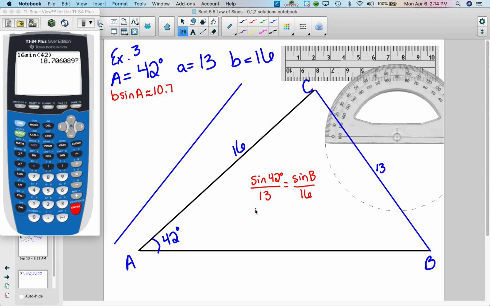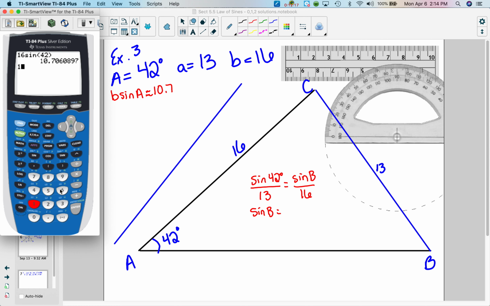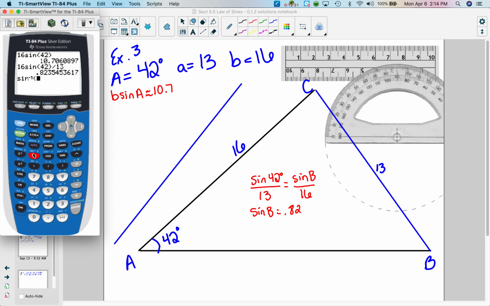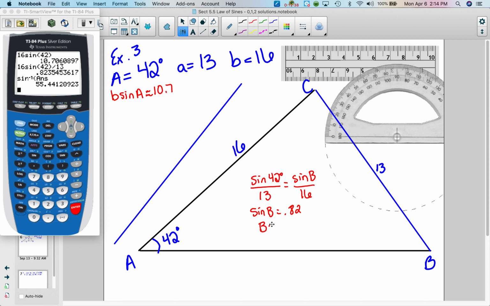I'm going to get sine B equals 16 sine 42 divided by 13, and I get 0.82 approximately, but I want to know B, so I'm going to do inverse sine of my answer, and I get that angle B is about 55.4 degrees.